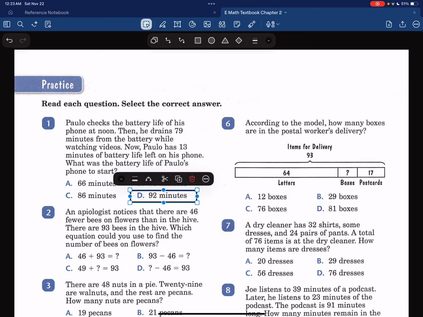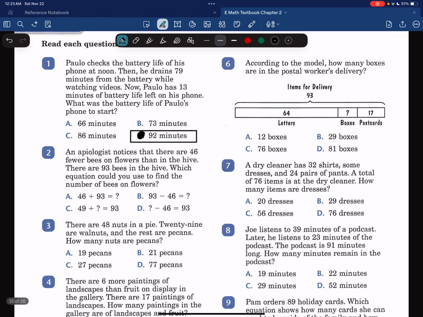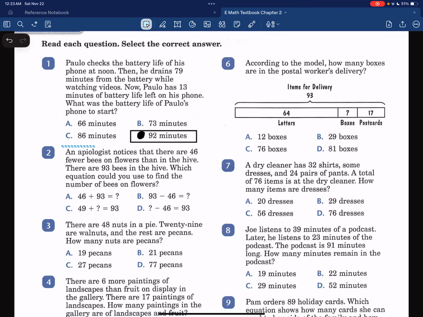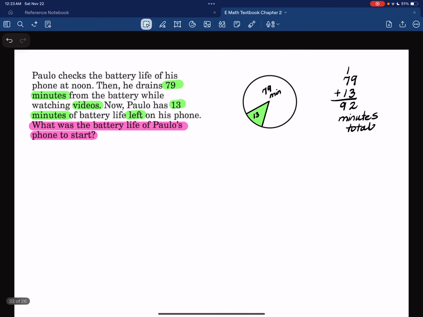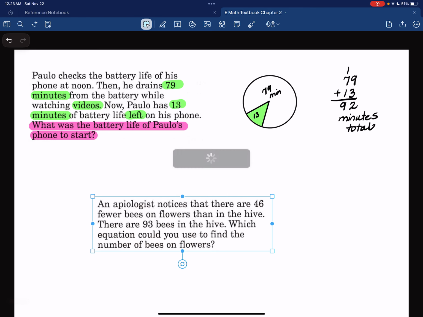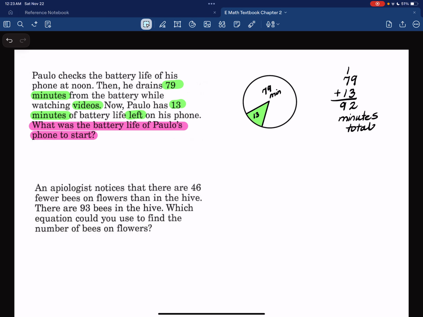All right, let's look at number 2. And I'm going to make a copy. Oh, that's an interesting word. Do you know what an apiologist is? Let's see if we can use context clues to figure that out. Ologist is a person who studies.